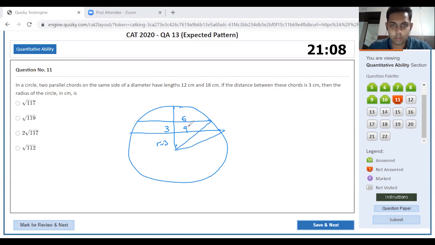I need the radius. So this is r. So r square is equal to 9 9s are 81 plus r square plus 9 minus 6r, right? R square and r square cancel.